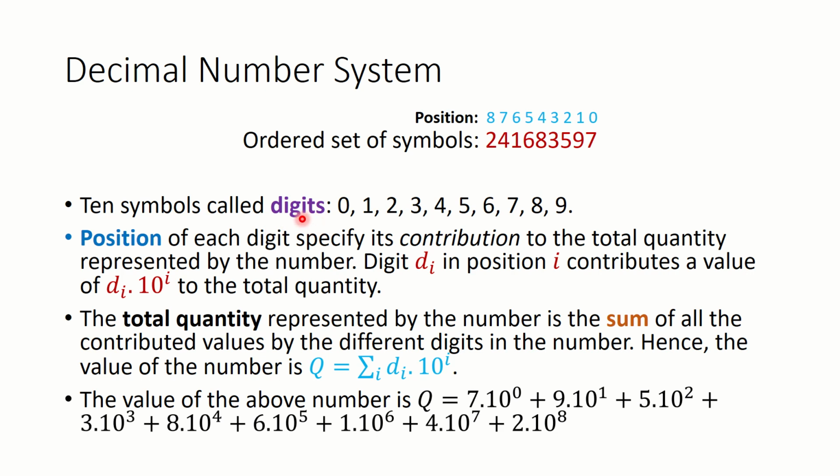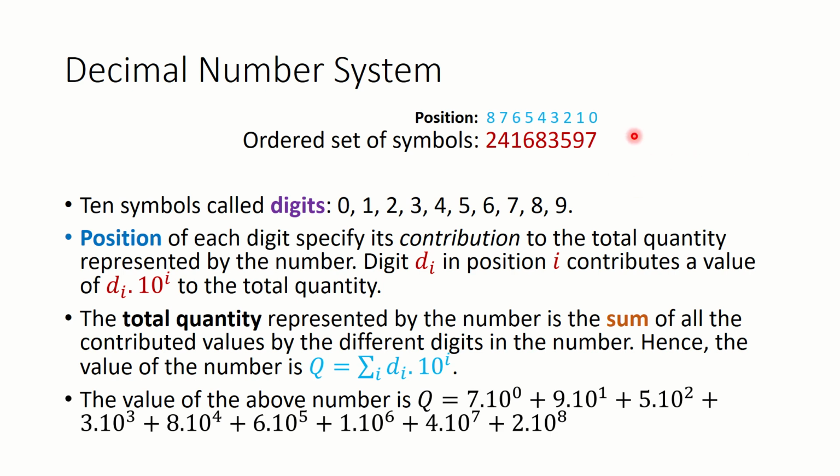Now, as we place these digits in an ordered set in definite positions, we will be able to represent various other quantities. If we only write a 6 here, that will mean the value is 6, the quantity is 6.